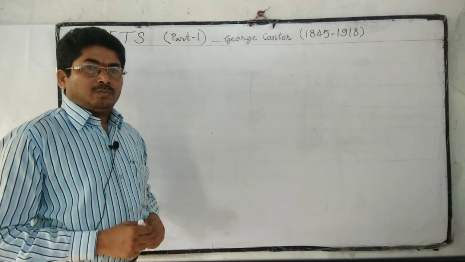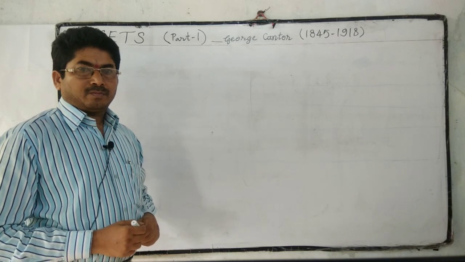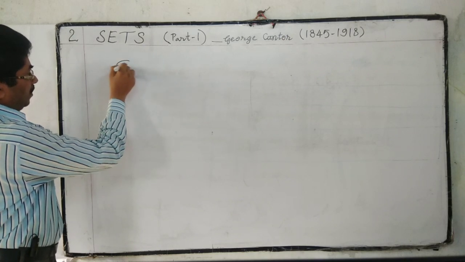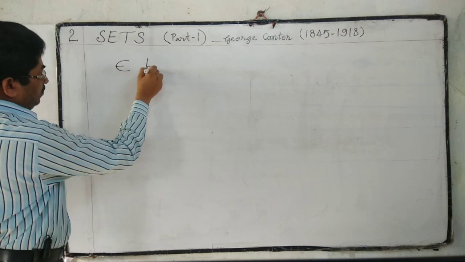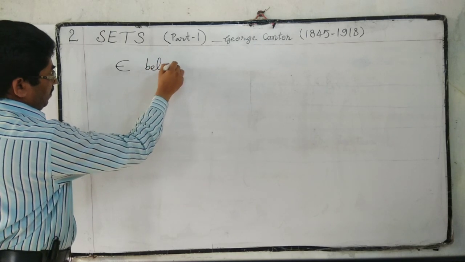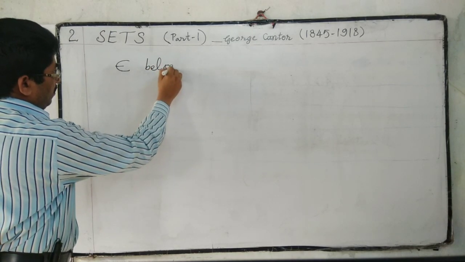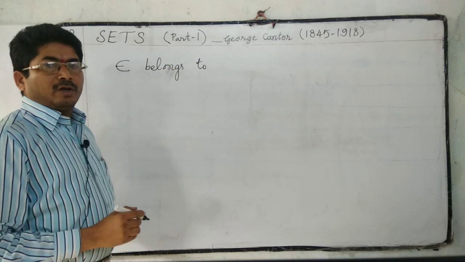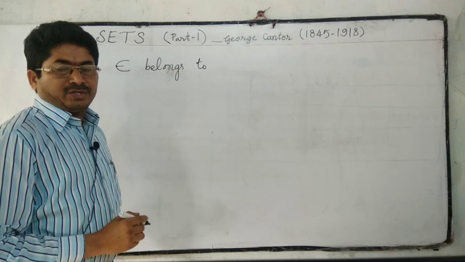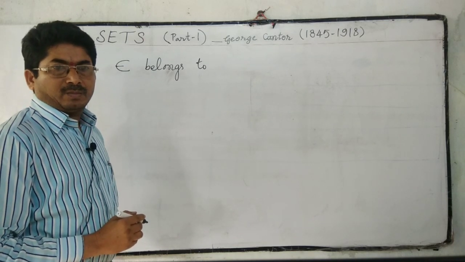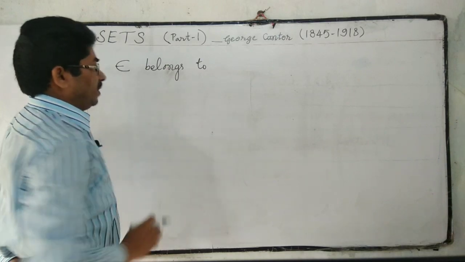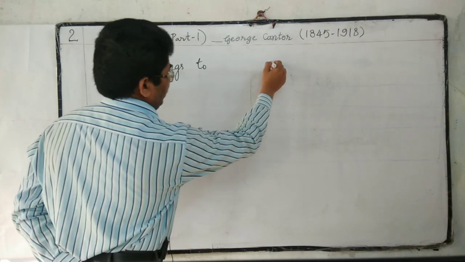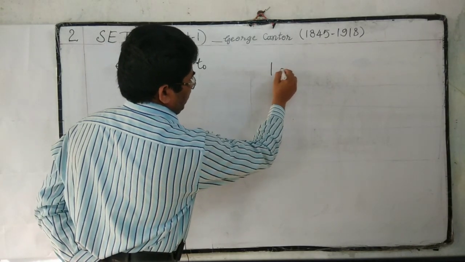Here we have to know two symbols. They are belongs to and does not belong to. If an element is in the set, we can use the symbol belongs to. For example, 1 is in the set of natural numbers.